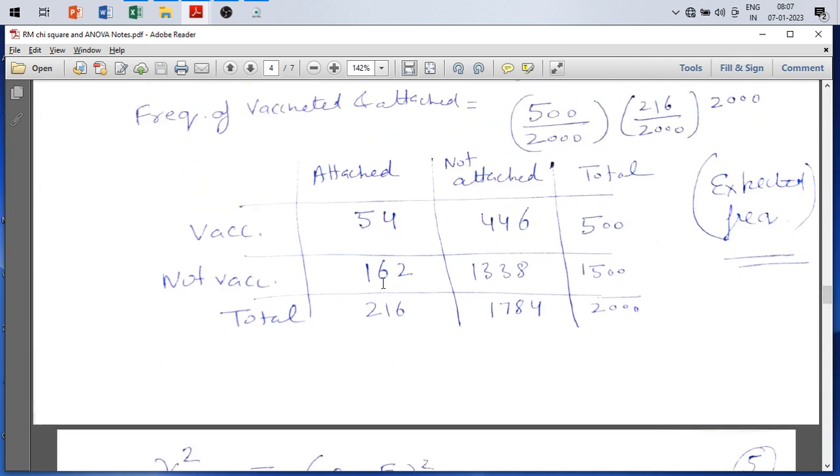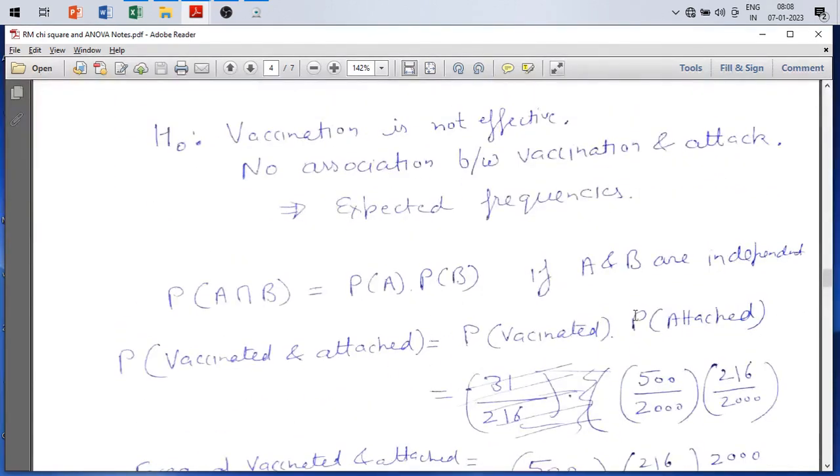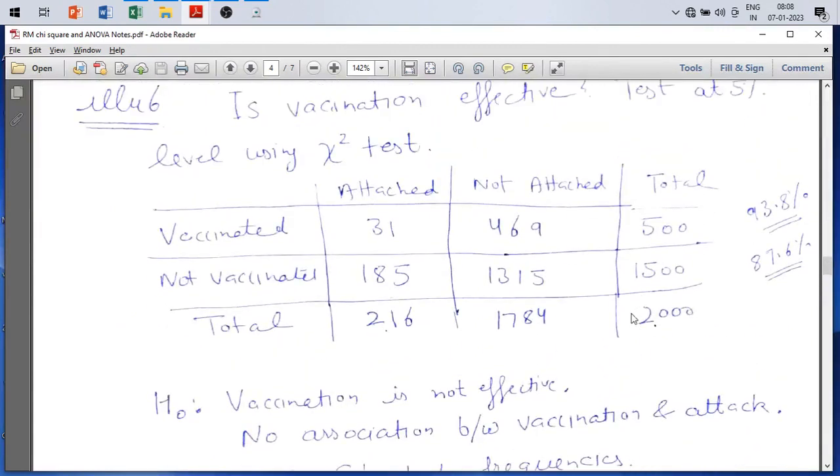If we are given this information, let us go to this table. We are given a total of 2000 people, 1500 were not vaccinated, 500 were vaccinated, and it turned out that 216 were attacked and 1784 were not attacked.